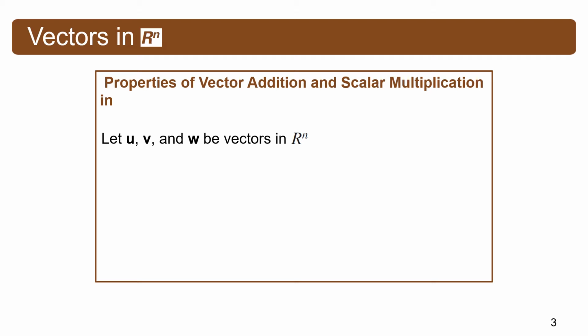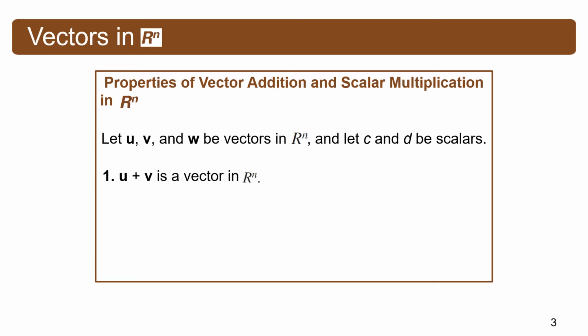Then the properties of vector addition and scalar multiplication in this Rn will be given, and also c and d are taken as scalars. So u bar plus v bar is a vector, which is an addition of two vectors. It is closure under addition.